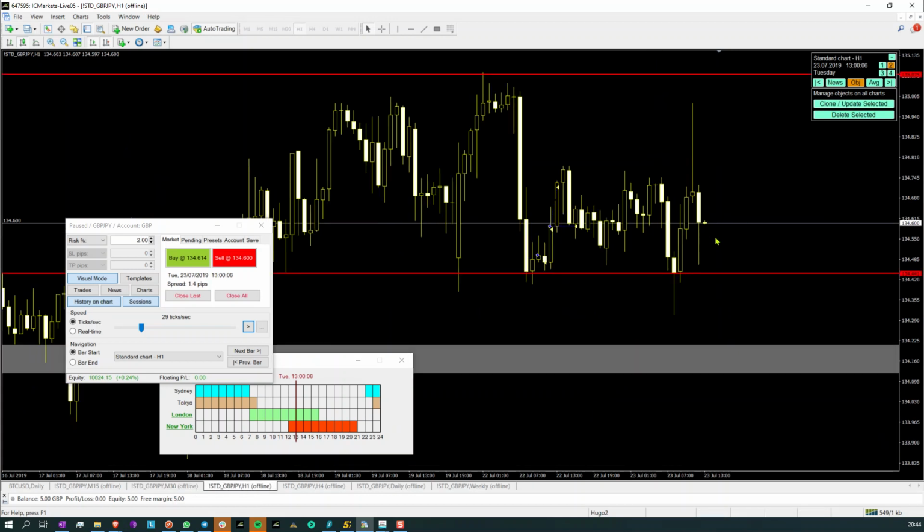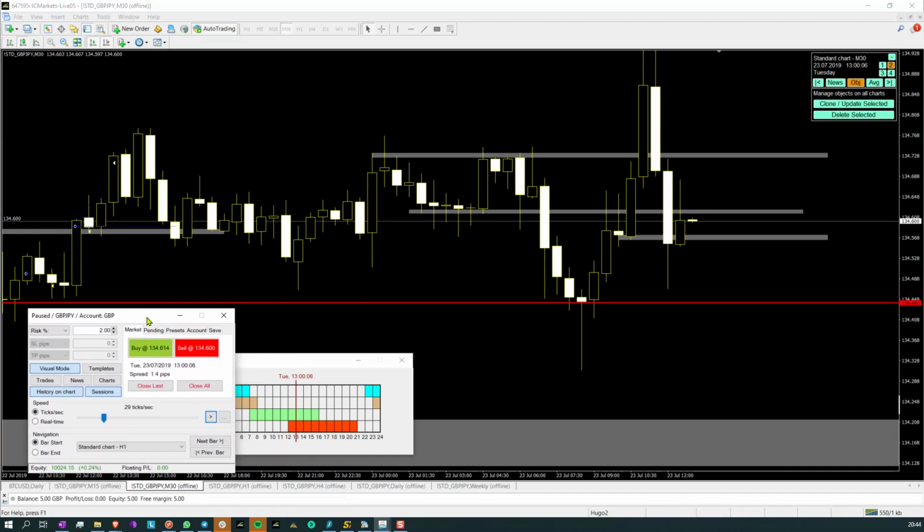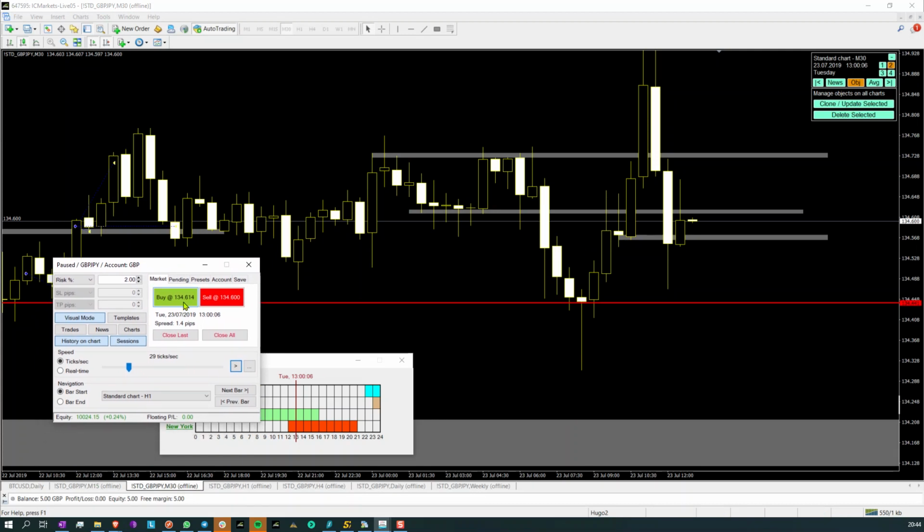1 hour, huge rejection there, a huge rejection here, but that bearish rejection is bigger than this one. M30.